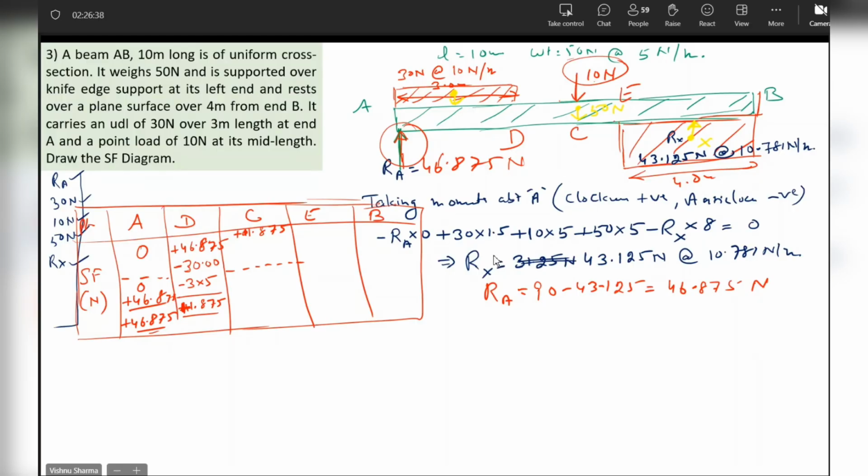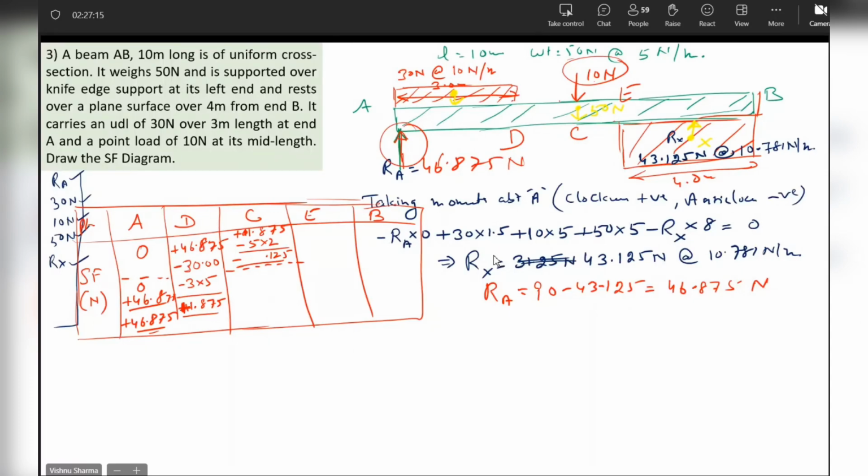See what are the changes taking place from A to just left of C. Minus 5 into 2, right? So this will become minus 3 into 5. Minus 30 is downward. Already calculated. One second. You tell me what are the changes taking place, beta, first from A to D. A to D is this 30 newton.